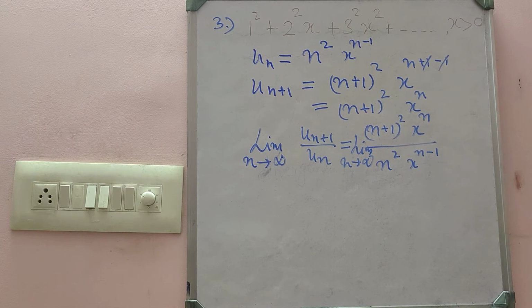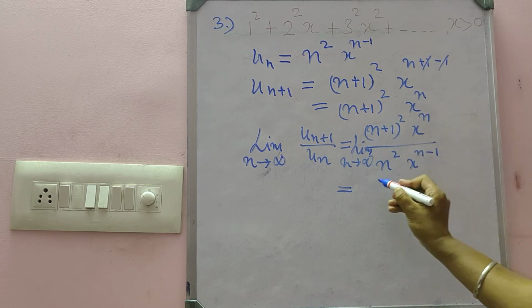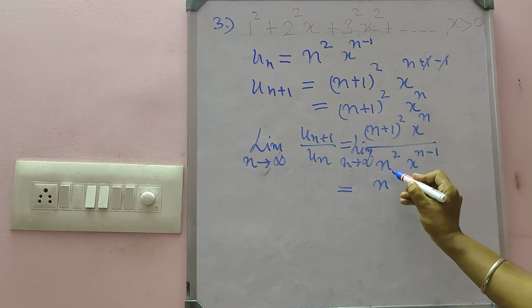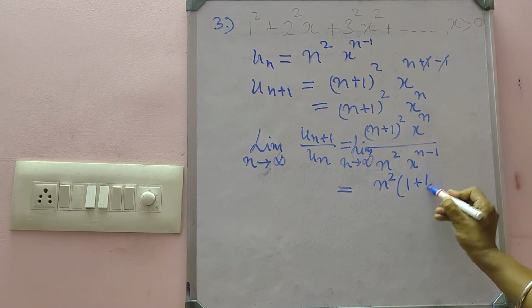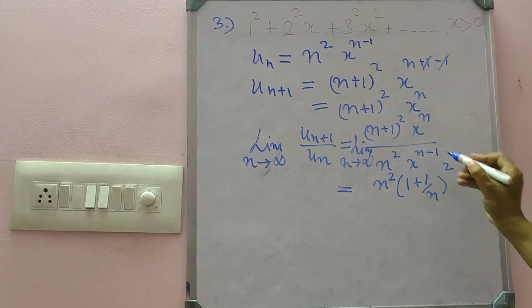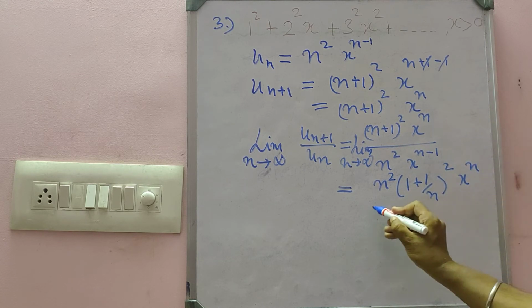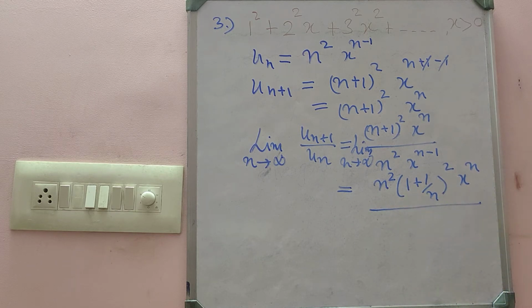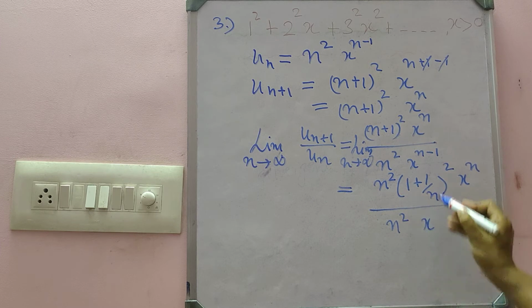Now how to solve? Take n common in n plus 1. So here the power is 2, so outside n will be n square, bracket 1 plus 1 by n the whole square, x power n, divided by n square x power n minus 1.